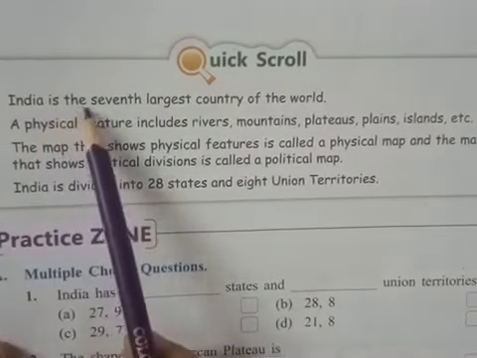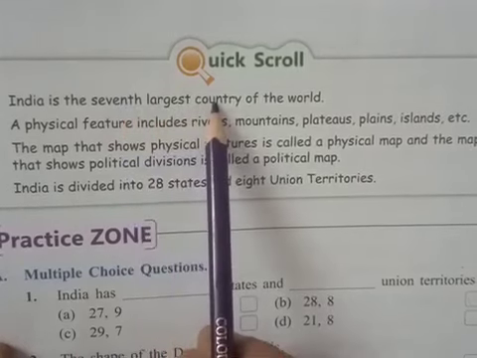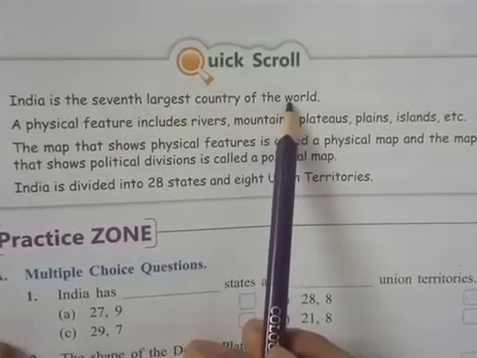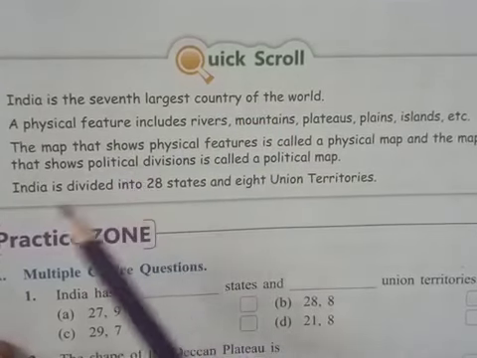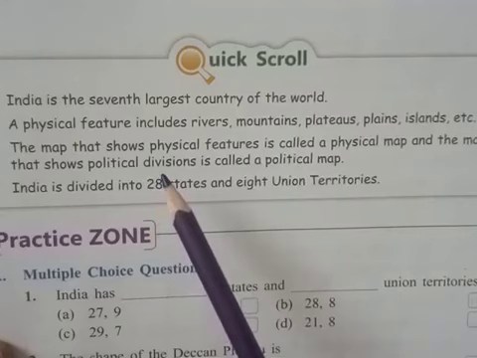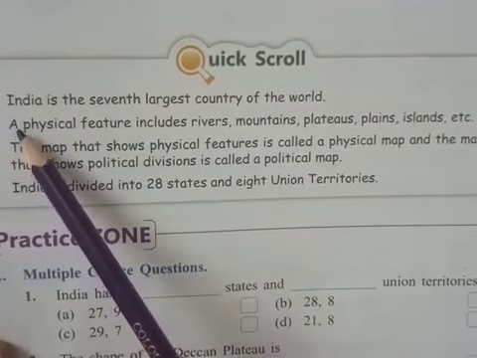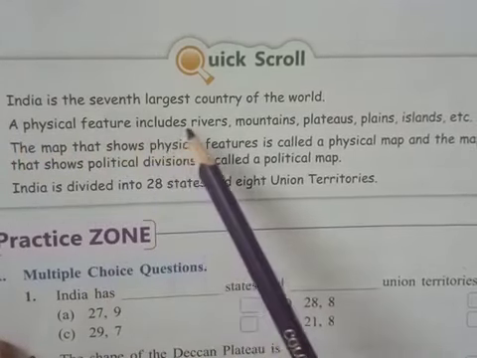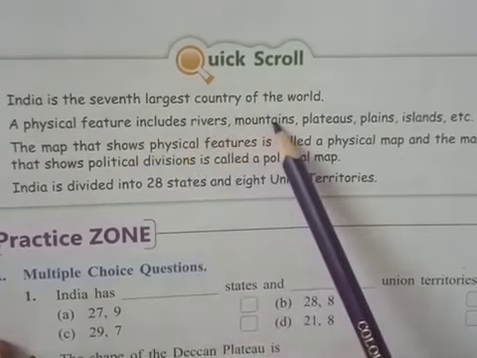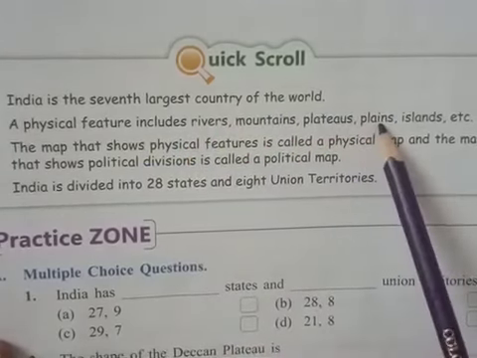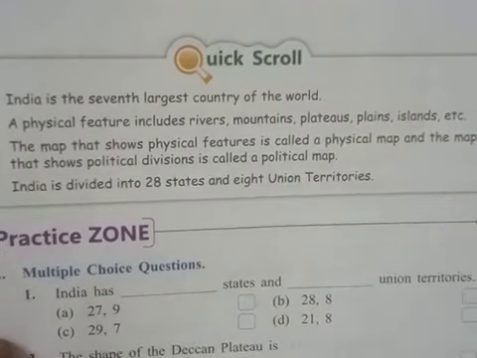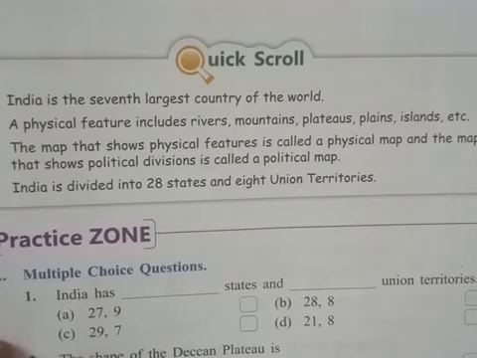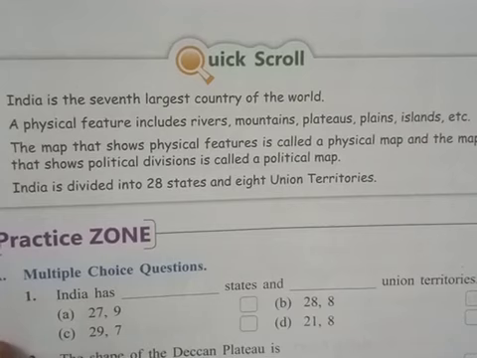India is the 7th largest country of the world. भारत दुनिया का 7वां सबसे बड़ा देश है. Next, a physical feature includes rivers, mountains, plateau, plains, island, etc. Means physical feature में आते हैं river, mountain, plateau, island. Okay.